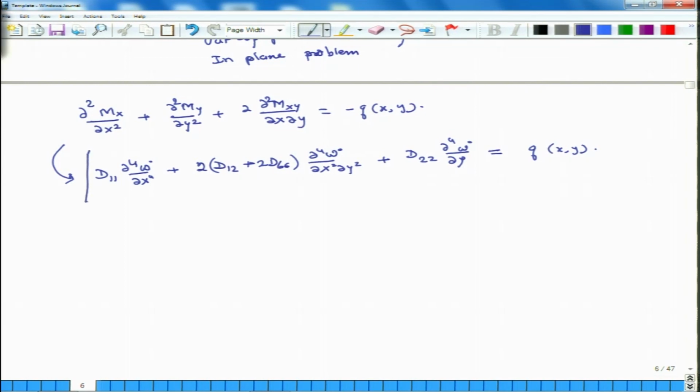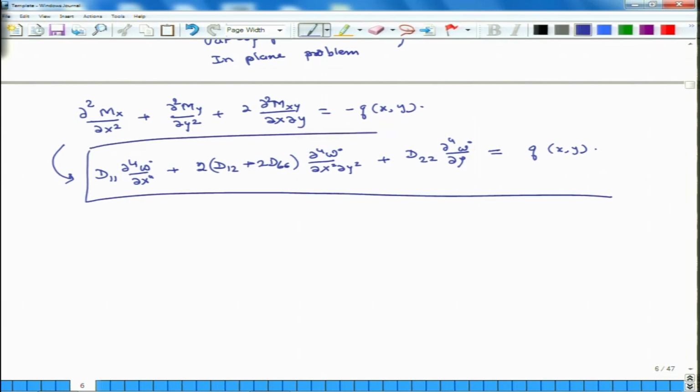So, this is the differential equation we want to solve, and we want to generate an expression for w which is based on this.